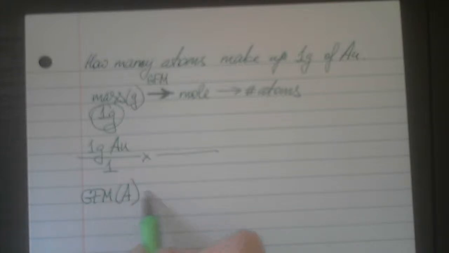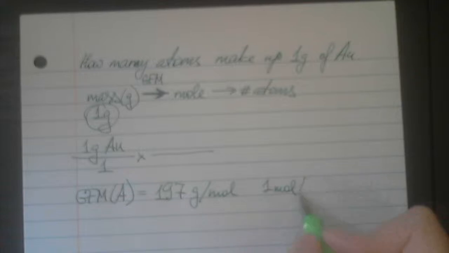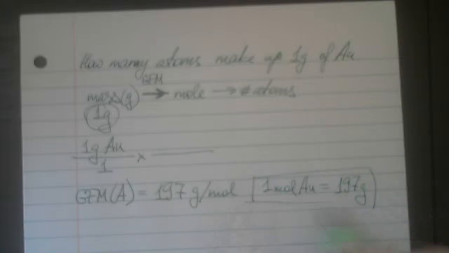So the gram formula mass or molar mass of gold, according to the periodic table, is 197 grams per mole. What does it give us? It gives us the following information, that 1 mole of gold weighs 197 grams. This is our first conversion factor.